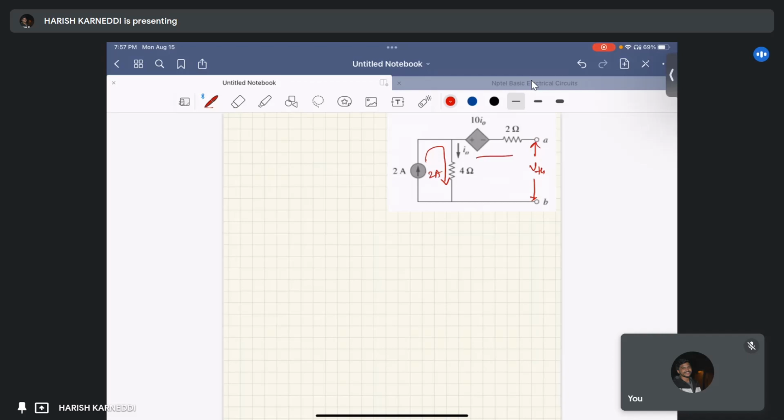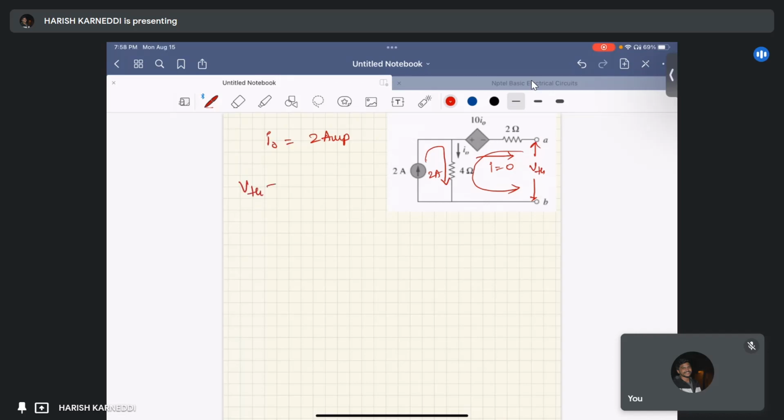Because this is open circuit, the current flowing through this one is 0, right? Now I naught equals 2 amperes. Now apply KVL in this.